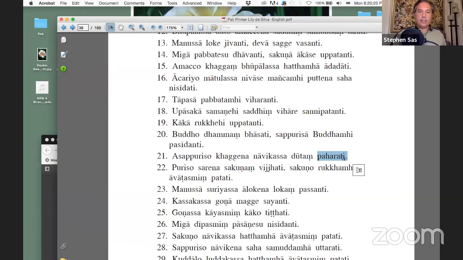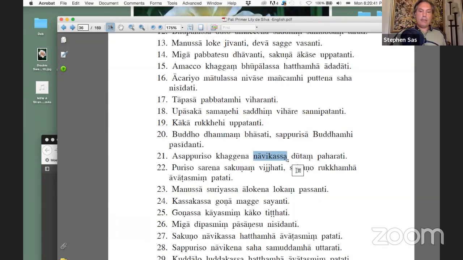strikes. And then what does he strike? The direct object of the striking is the messenger. But the messenger is being further described with a genitive, navikasa, so the sailor's messenger.